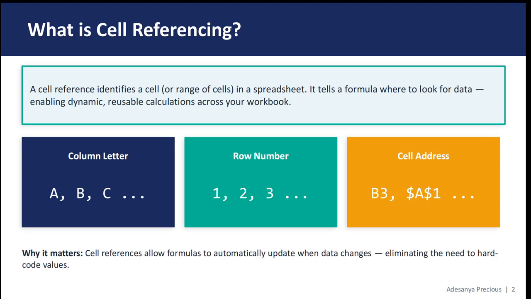So, what is cell referencing? A cell reference identifies a cell or range of cells in a spreadsheet. It tells a formula where to look for data, enabling dynamic, reusable calculations across your workbook. Don't forget, I told you that for Excel, columns are letters, while rows are numbers.